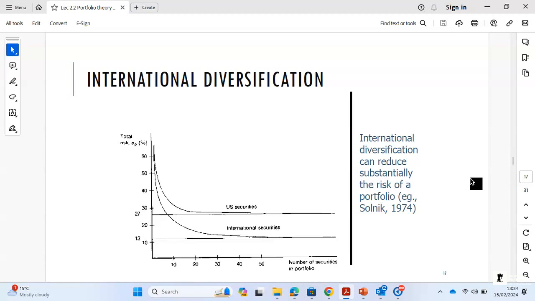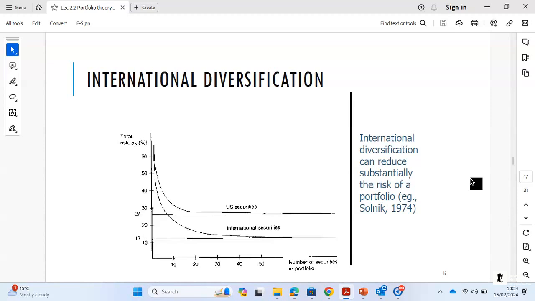As you diversify across countries as well, the risk would go down further. So the more you diversify, the greater is the reduction in risk.